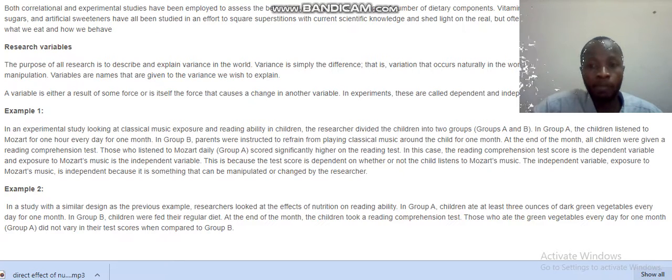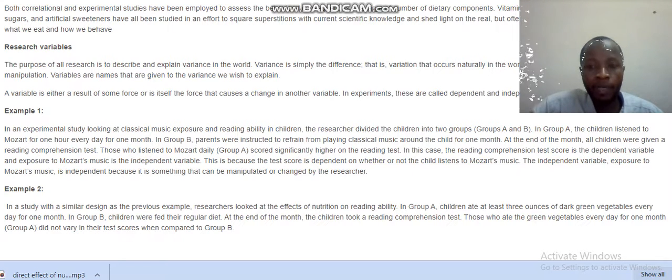That's the performance. So the performance depends on the music. So the music becomes the independent variable, and the score becomes the dependent variable.